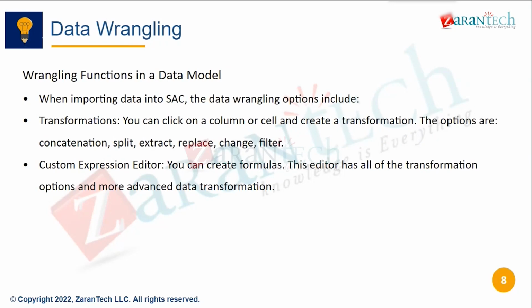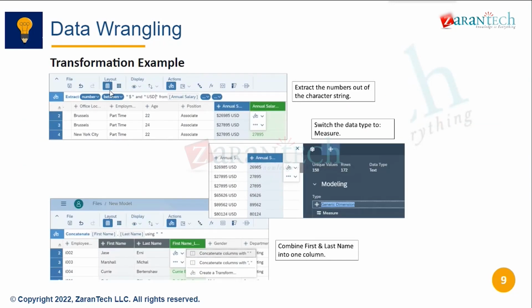Some of the wrangling functions you can see here are concatenation, split, extract, replace, change, and filter. We saw all of this yesterday when we were creating a model based on the CSV file. You can see some screenshots given here. Here it is extract. This is how it looks.